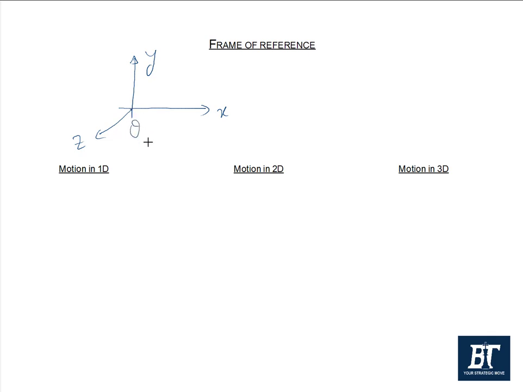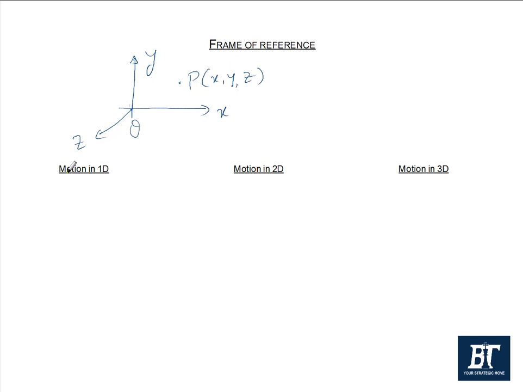This is origin O, and coordinates of any point would be x, y and z. So if any one or more coordinates will change with respect to time, then we will say that with respect to this frame of reference, this point P is in motion.